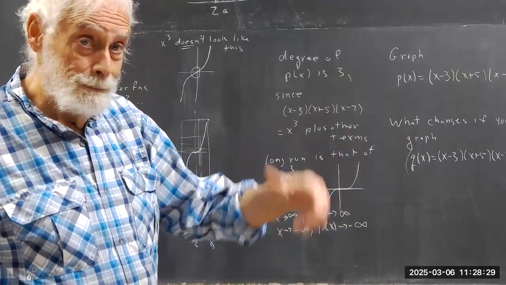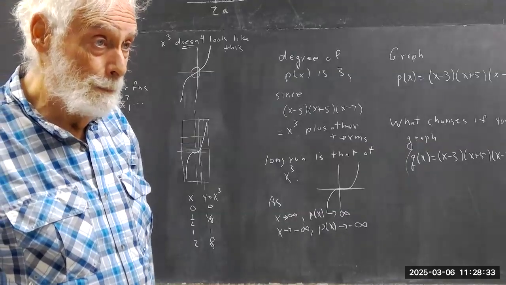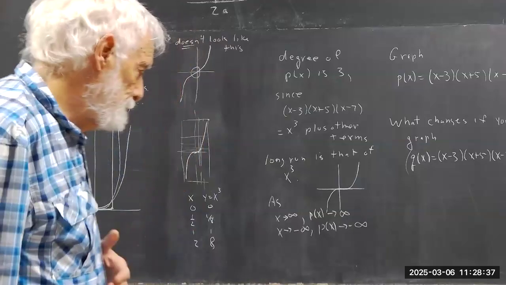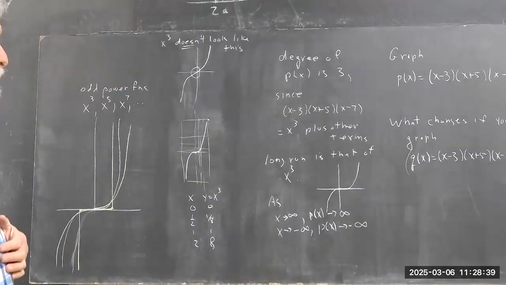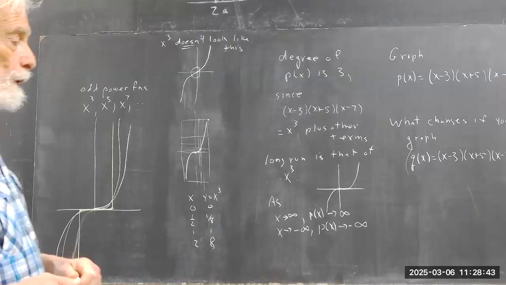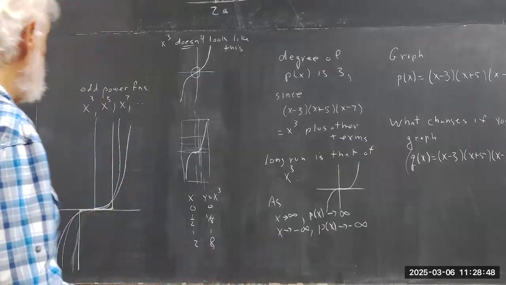Multiply by negative. That changes your vertical stretch and all that stuff, right? So that's what's going on. For even powered functions, they all look like parabolas except they get flattened.